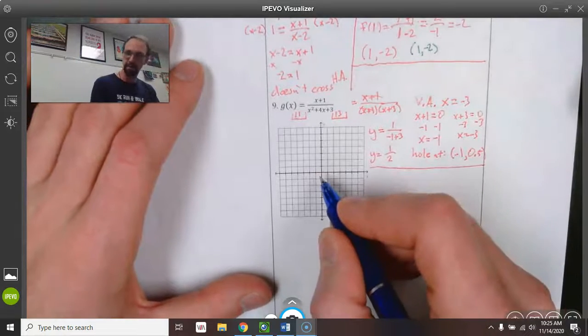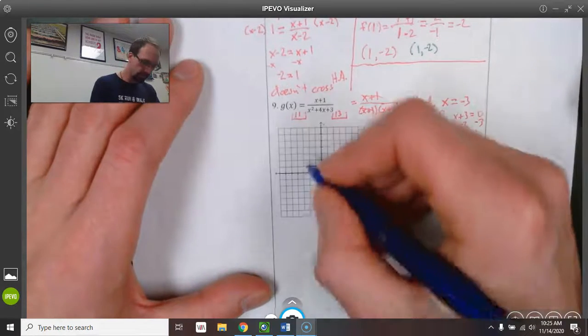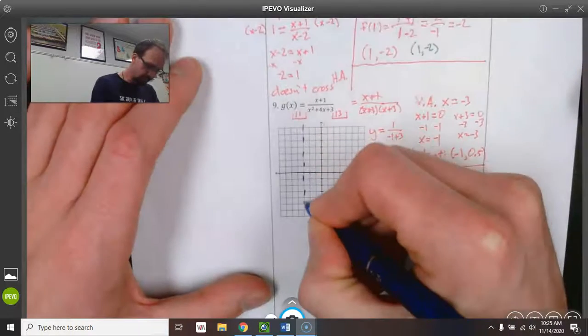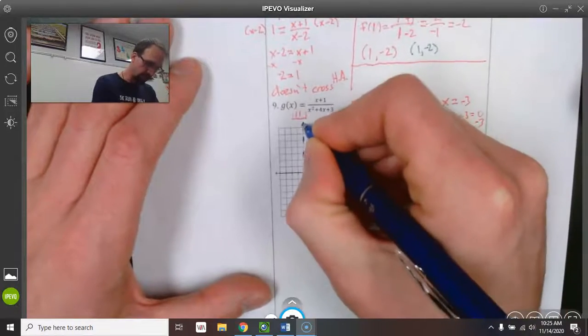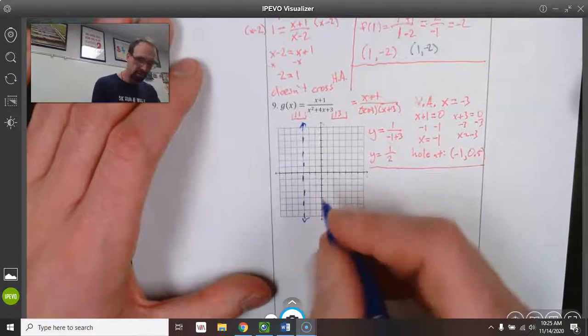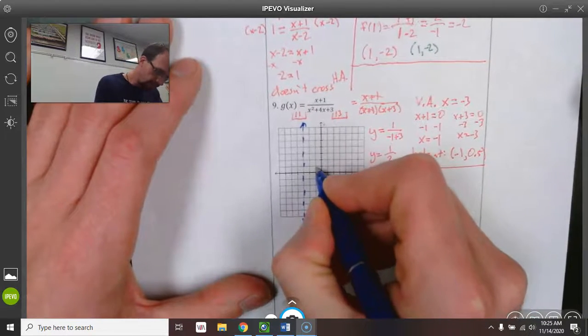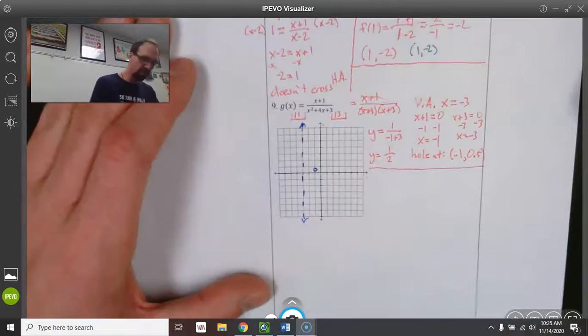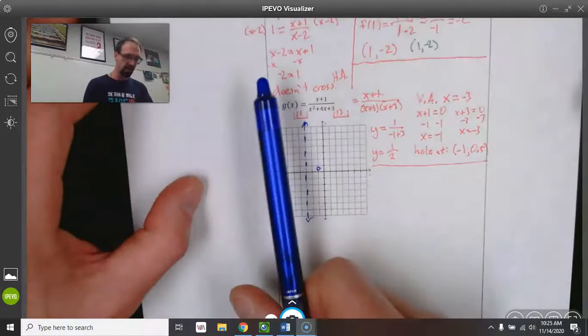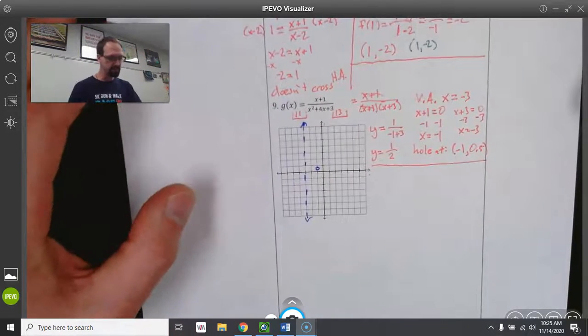So -3, so here, to show that's not part of the graph. And then also this hole here at -1, 0.5, again to show that that's not part of the graph. So I'm using blue to show that that's not part of the graph.